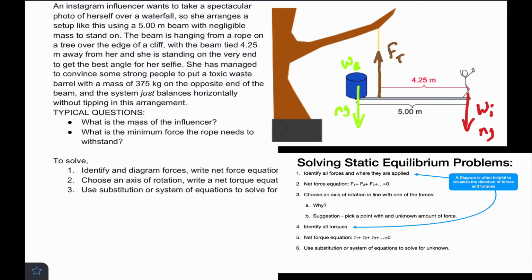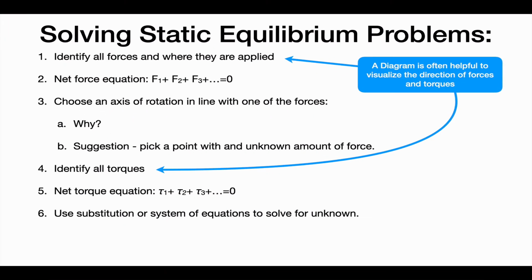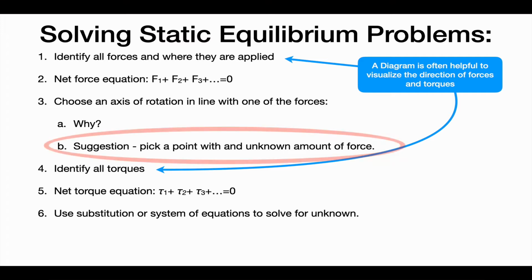But it's easiest if we choose a point that's where one of the forces is acting on it. And the reason is because then that particular force is not putting torque on it because the lever arm length is zero. So the best way to do that then is you pick a place where we do not know how much force there is.